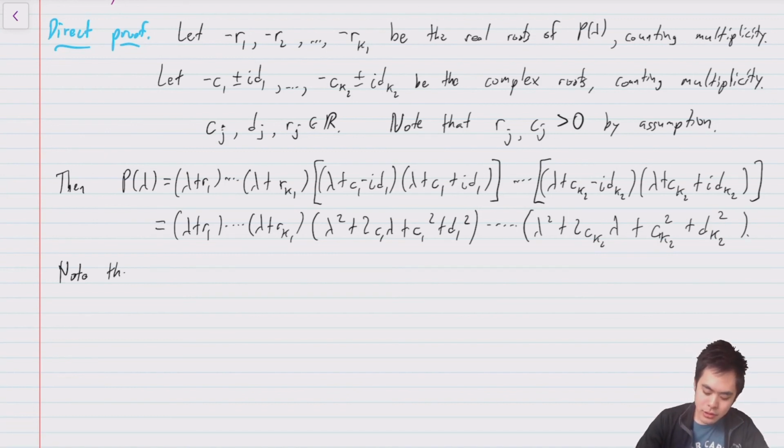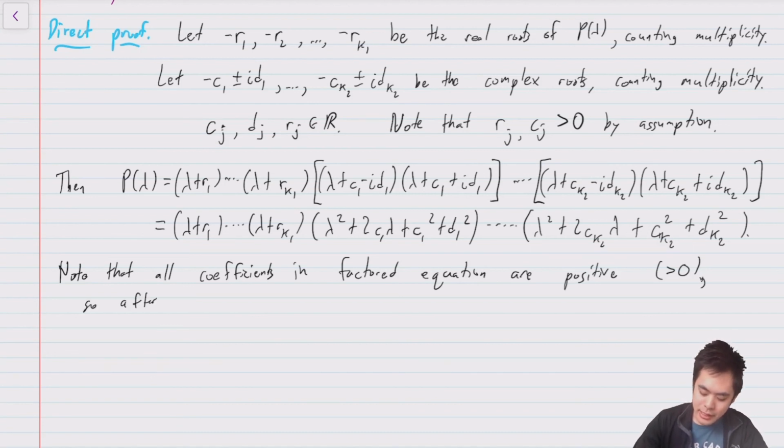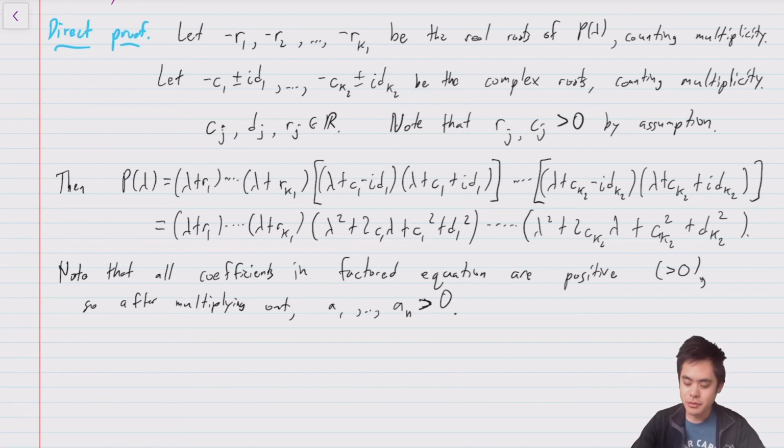Note that all coefficients in the factored equation are strictly positive, so they're greater than 0. So after multiplying out, all the coefficients of the multiplied out equation, a1 through an, are also greater than 0.